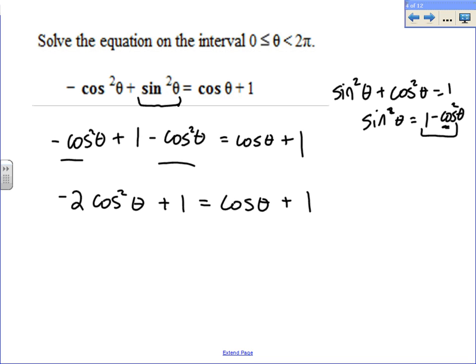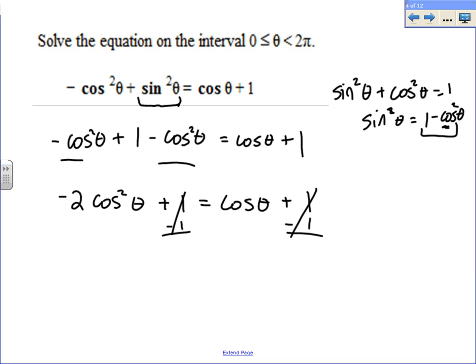Okay, now let's look at what we can do here. Now I'm seeing sort of a quadratic form here because I have a squared one and just a regular one. So I'm going to set it equal to 0, and I'm going to use factoring to do this. So notice what's going to happen with the ones. They're just going to kind of go away here, and they'll just cancel off on both sides.